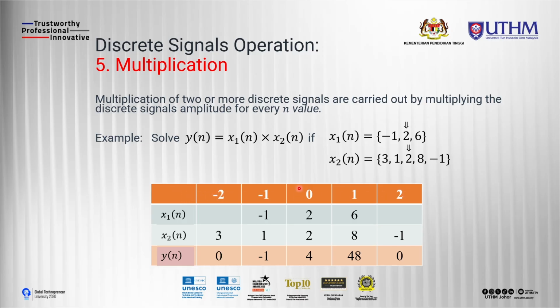Make sure you arrange it and know where the origins are. From the question, -1, 2, 6. You arrange in this way, -1, 2, 6, and then 3, 1, 2 at -1, and then you multiply. Then this is the answer after you multiply.